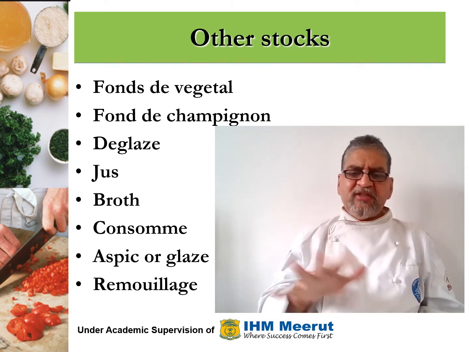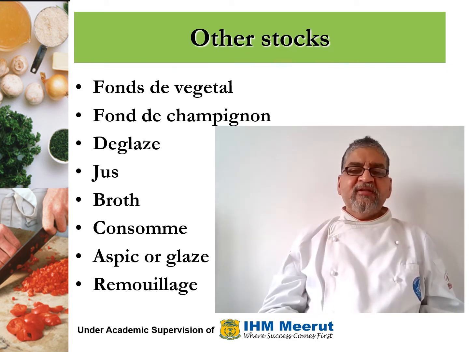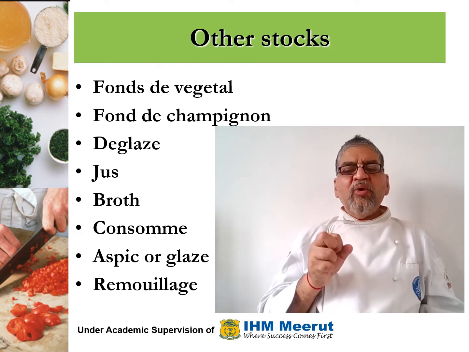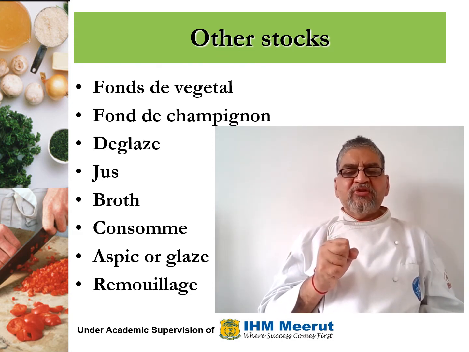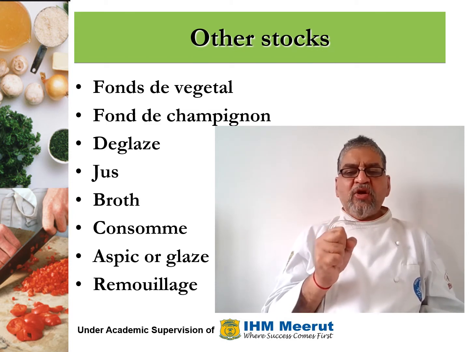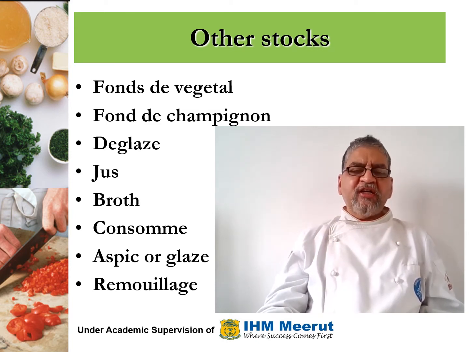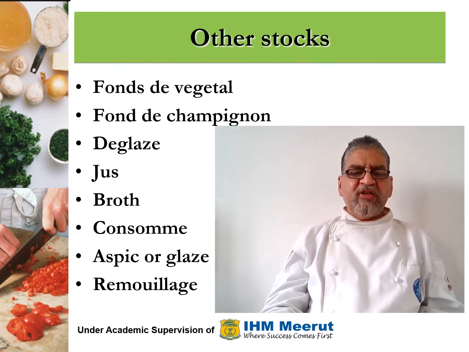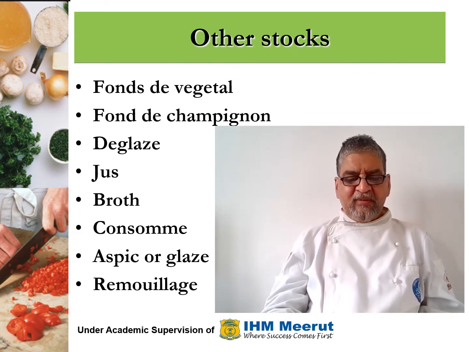When it gets all mixed up well, then we leave it. After a while we see that all the egg white and the mincemeat that we added has attracted all the impurities from the stock and the resultant stock becomes crystal clear. You can see the bottom of the pot. It becomes crystal clear. Consommé.